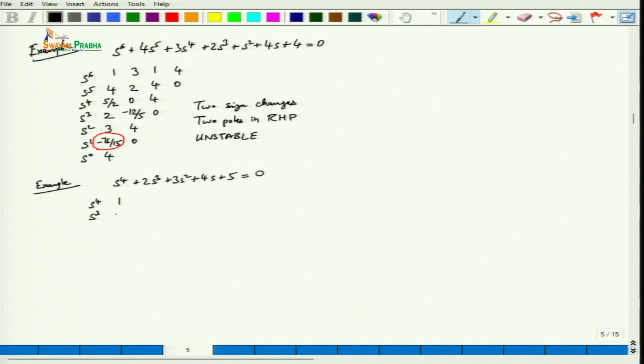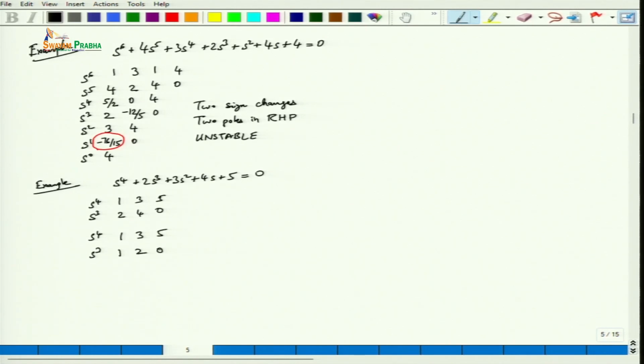So we can write 1, 2, 3, 4, 5 and 0. If you see the row corresponding to s to the power 3, it has a common divisor. So what we can do is instead write this s to the power 3 row as 1, 2 and 0.